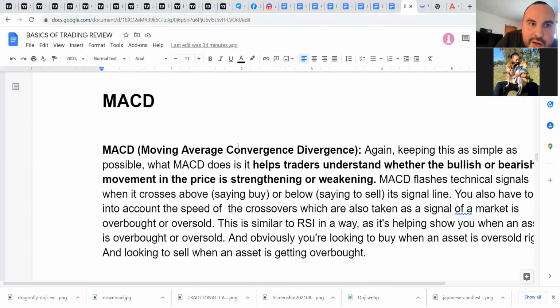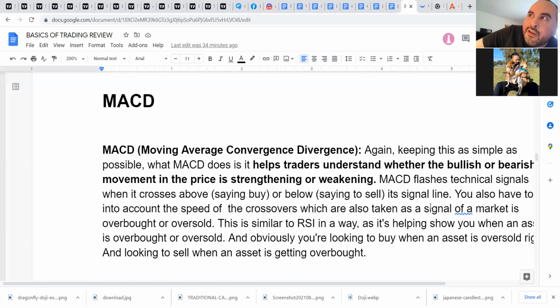So we got RSI. Do you use MACD? I do use MACD, but I find it one of my least favorite indicators. I do have it up, just to put a little adjustment in towards my actions for the day, but I find it not as reliable as the other indicators.